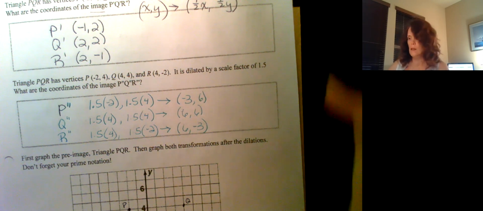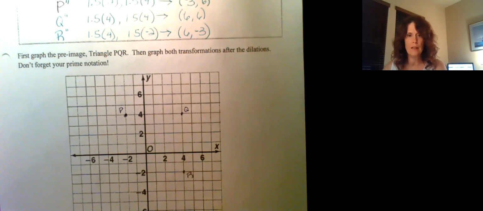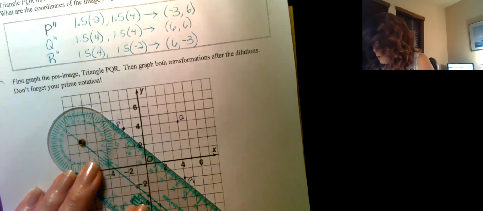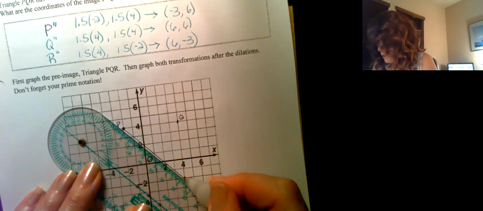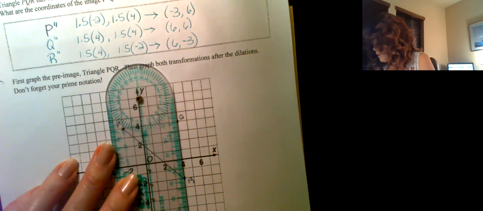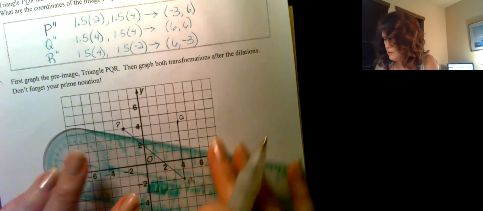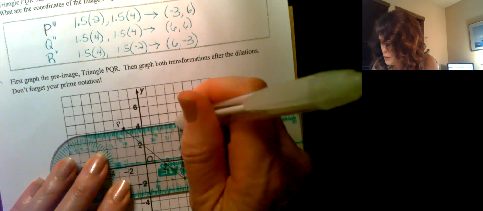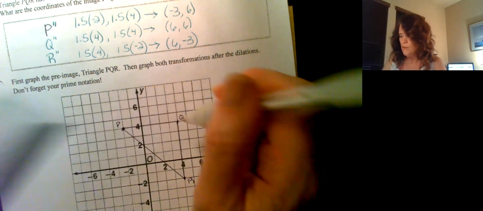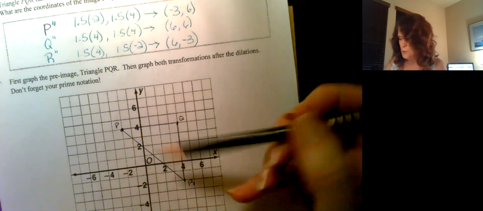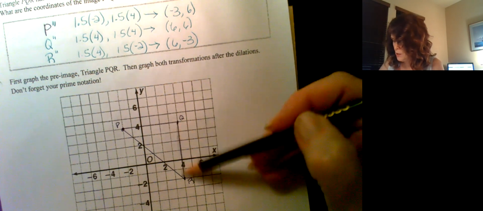Okay. I apologize, you can't see any of that. So this is our pre-image. Now remember, sometimes when we're talking about pre-image, especially if we're not going to use the vertices, the letters, the way that we know that it is the pre-image, if we don't have the letters to show us, hey, there's no prime notation, is that sometimes we shade that pre-image.